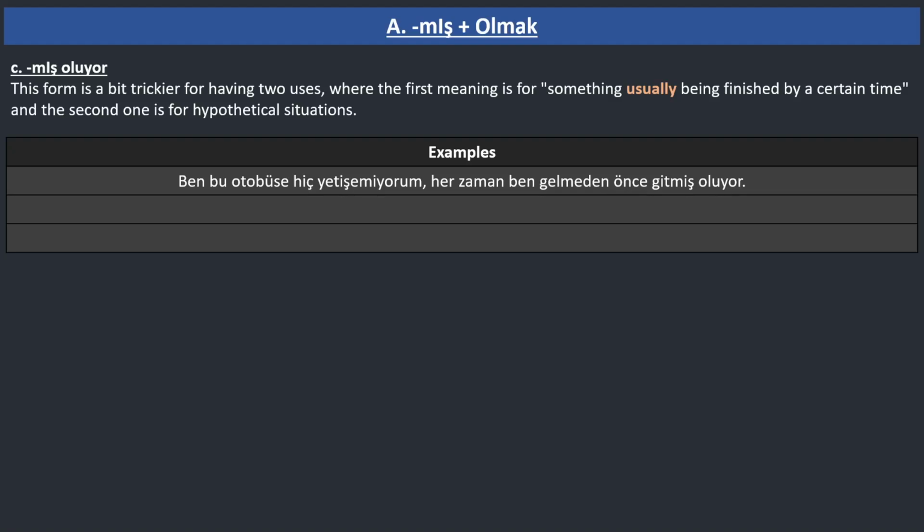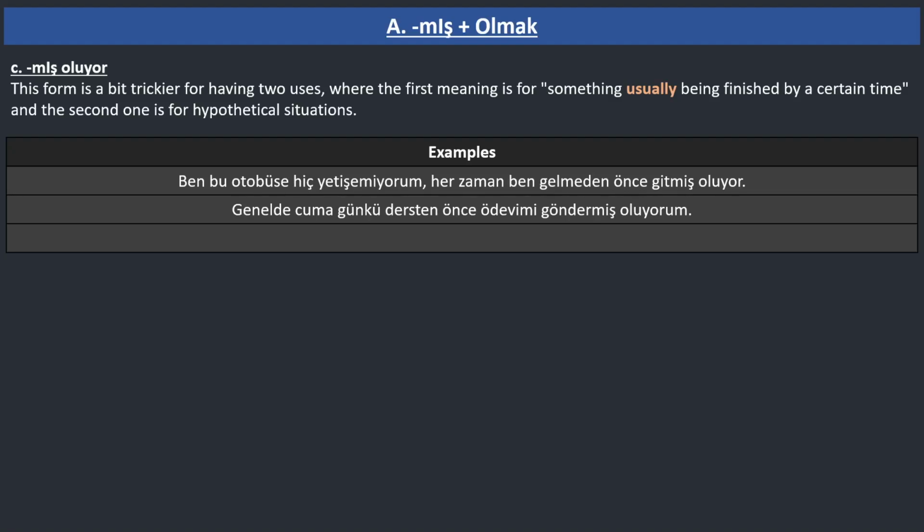Okay, Nemo's example is correct. With more examples, hopefully others will be able to make their own examples. So, genelde Cuma günkü dersten önce ödevimi göndermiş oluyorum.